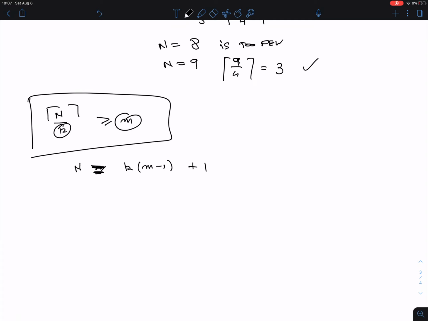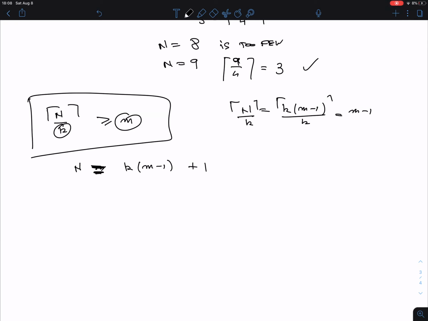If n would be k times m minus 1, then n divided by k is m minus 1, and the ceiling of this is just m minus 1, because it is a whole number. This is too little. But if I add 1 to it, that's exactly the plus 1 here, then I am okay. So this is how we solve this problem if we need to find n.